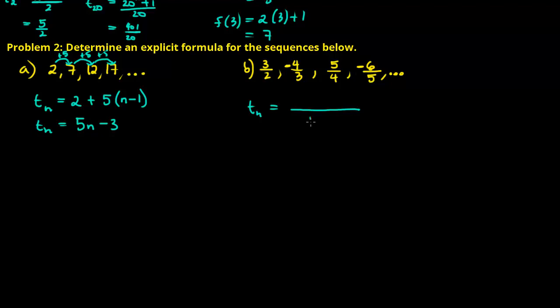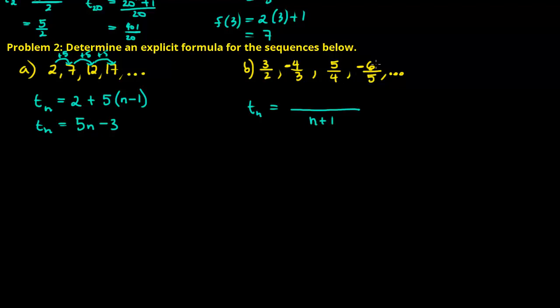So we would just have that the denominator is n plus 1. So for the first term, it would be 1 plus 1, which is 2. For the second term, 2 plus 1, which is 3, and then 3 plus 1, which is 4, 4 plus 1, which is 5.